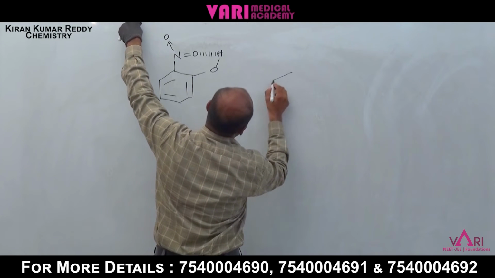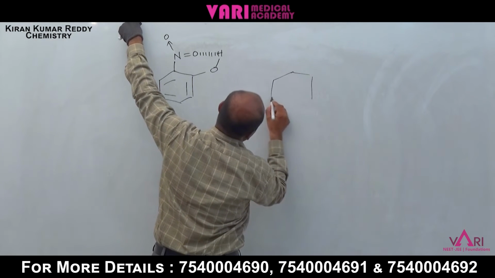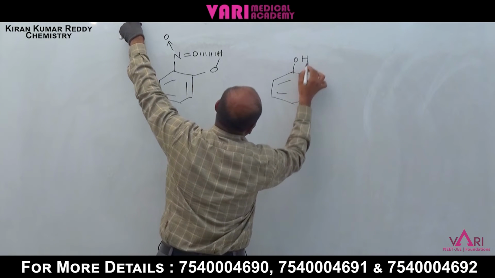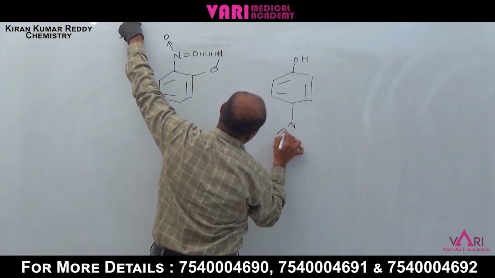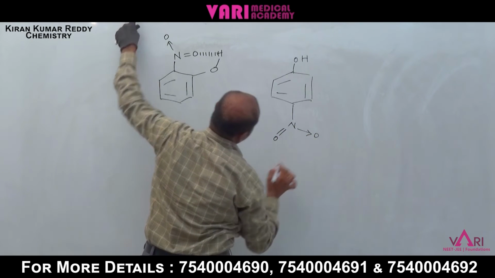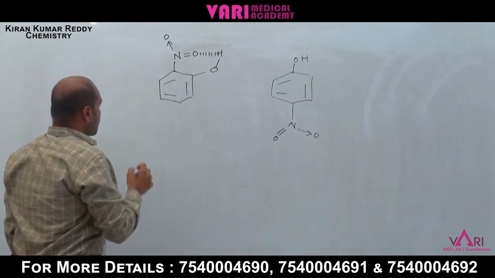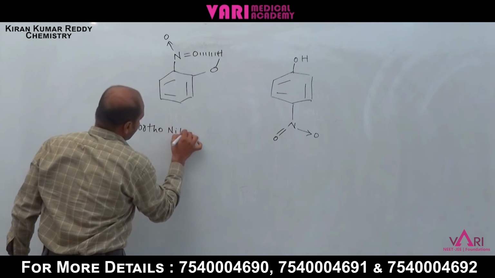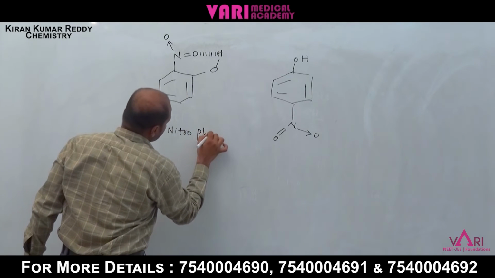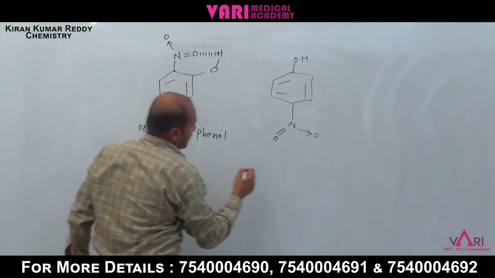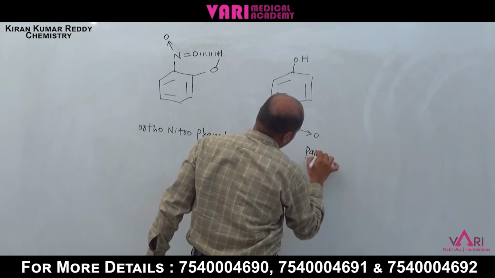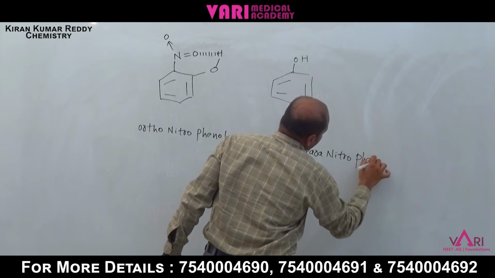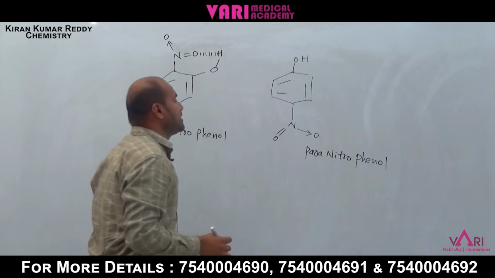Next one is paranitrophenol. Here the OH group is present, and here is NO2, N double bond O. Orthonitrophenol and paranitrophenol. The phenol group, the OH, is present, meaning benzene phenol.